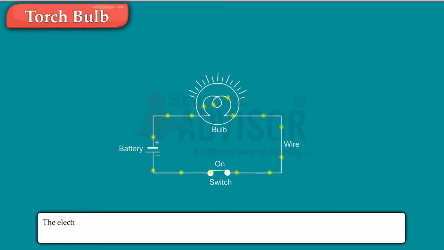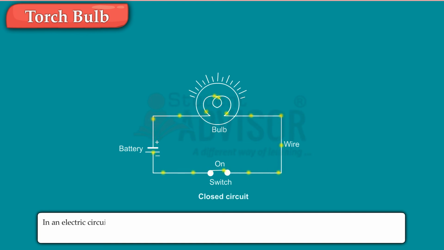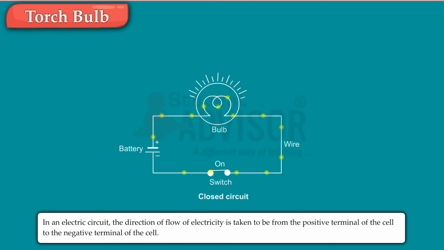The electric circuit in which there is no gap in the connections between the terminals of the cell, wires and bulb, etc. is called a complete circuit or closed circuit. In an electric circuit, the direction of flow of electricity is taken to be from the positive terminal of the cell to the negative terminal of the cell.